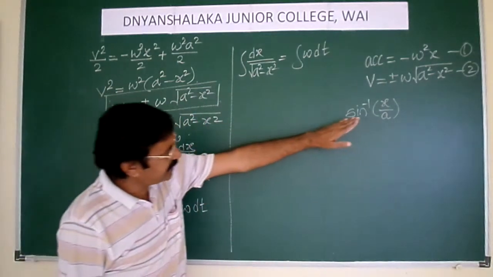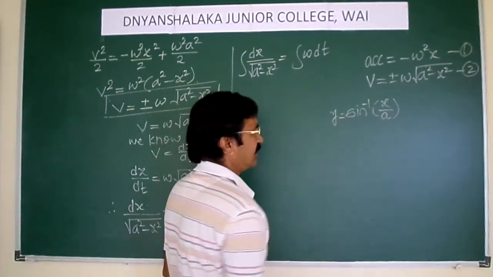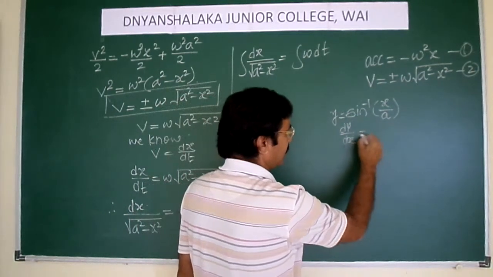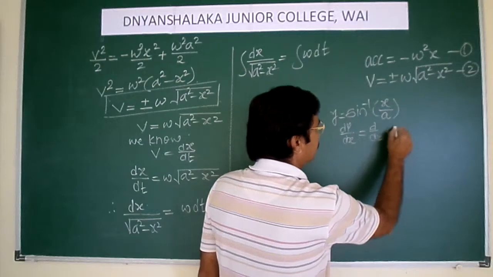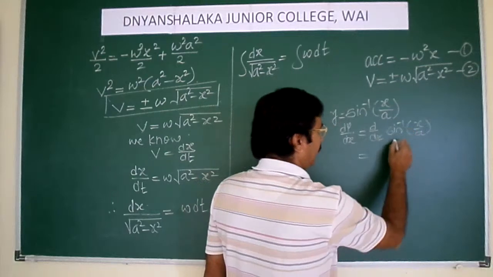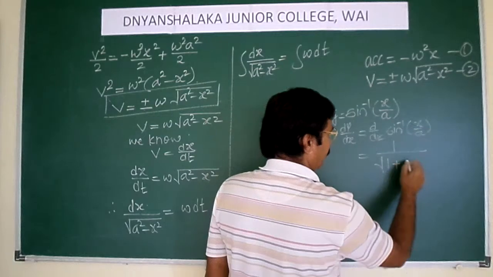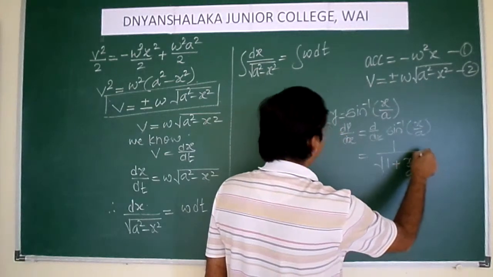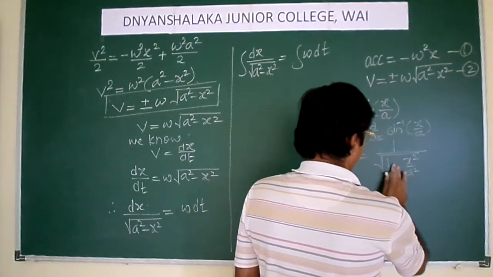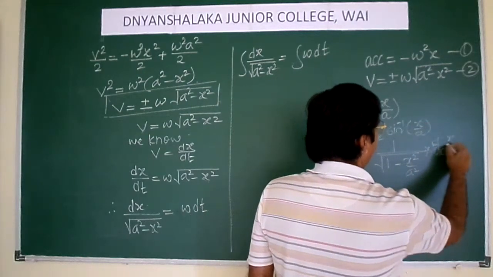See, if we take this function sine inverse of x upon a as y, and differentiate with respect to x, dy by dx is d by dx of sine inverse of x upon a. Now the formula is 1 upon under root 1 minus the square of this value, x square upon a square, multiplied by the derivative of x upon a.